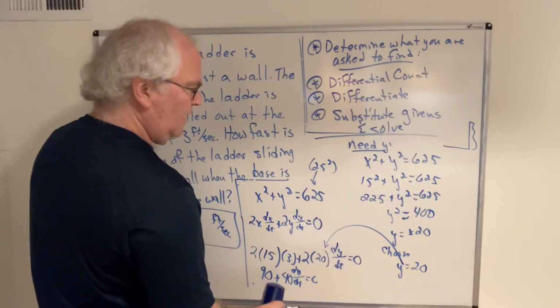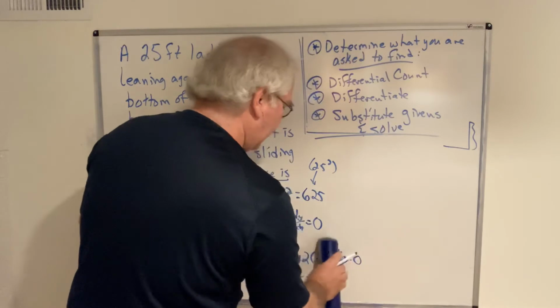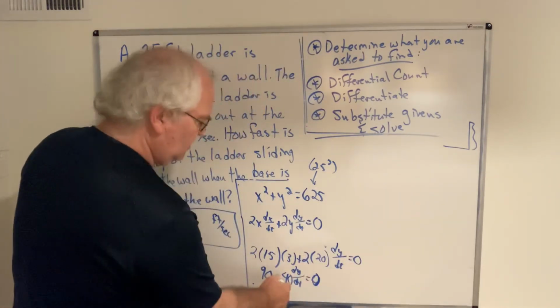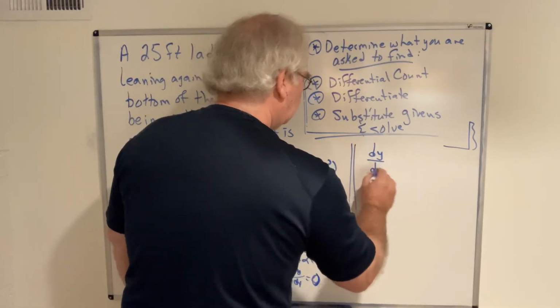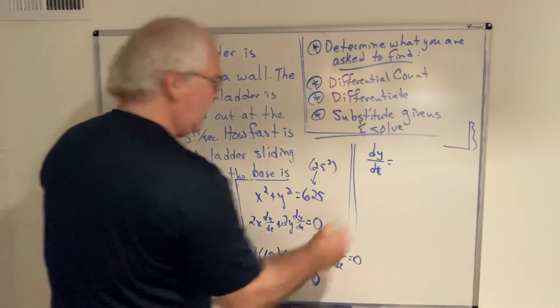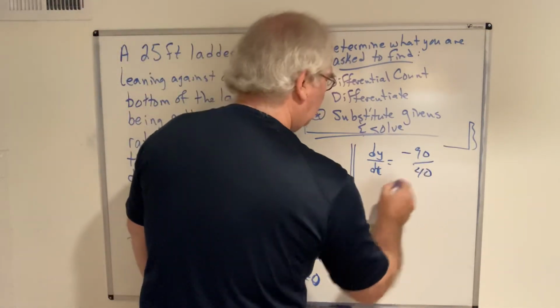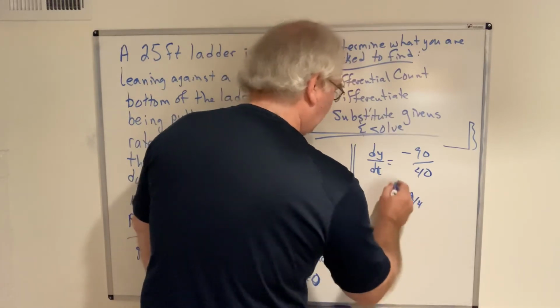You can always rewind and look at it again if you need to. I'm going to steal my space back. And so dy/dt is subtract the 90, divide by the 40, which is negative 9/4.